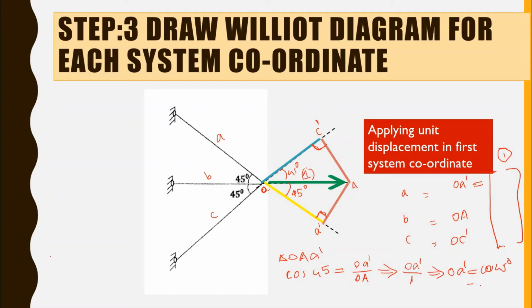Cos 45 value is 0.707. So this distance is 0.707.